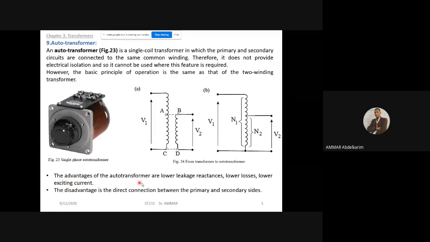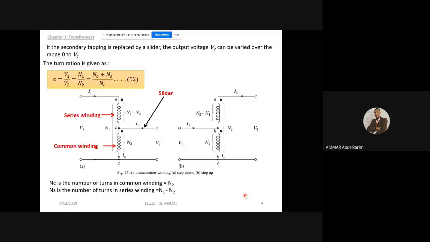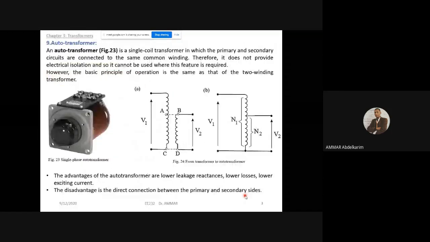So the advantages of auto transformer are lower leakage reactances, low losses, lower excitation current, and the disadvantage of auto transformer is that there is no isolation between the primary and the secondary. They are connected to each other. Okay, so why do we use this auto transformer?